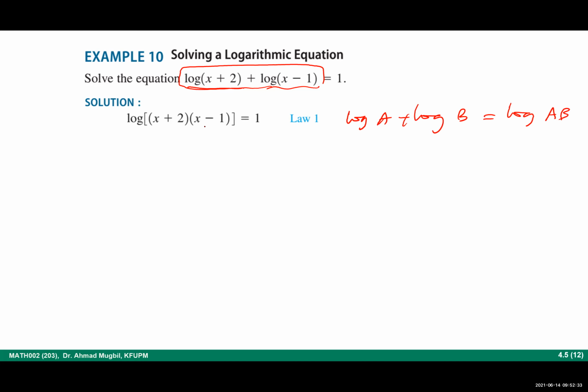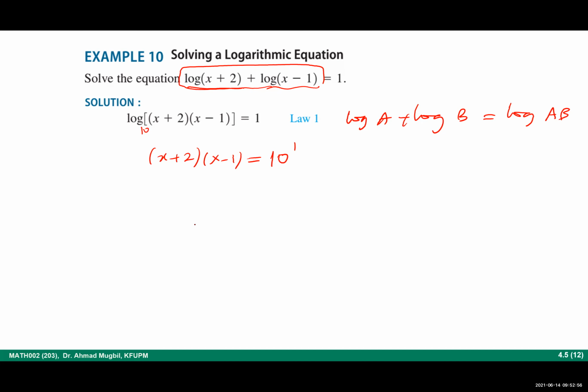Now, who can help me write this in the exponential form? What is the next step after this? Anyone? Yes. x plus 2 times x minus 1 equals what? 10 to the power 1, because the base here is 10.